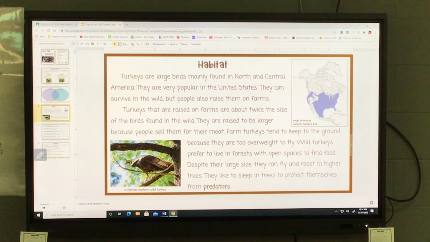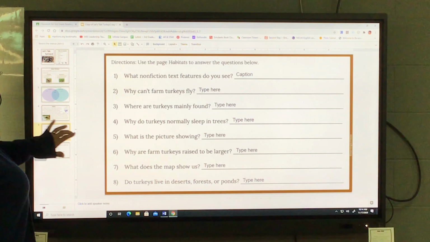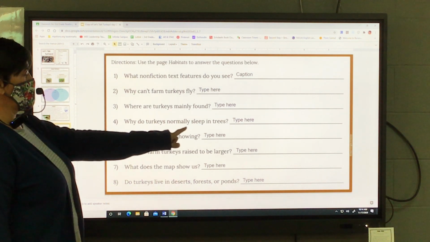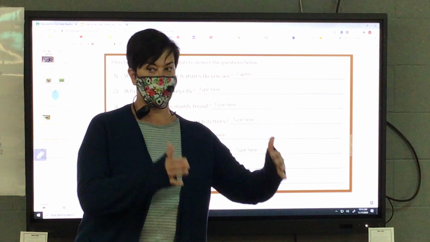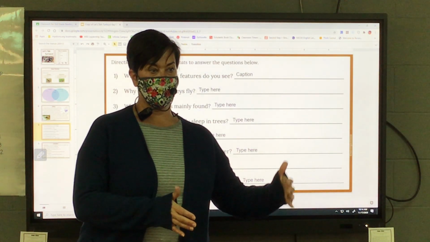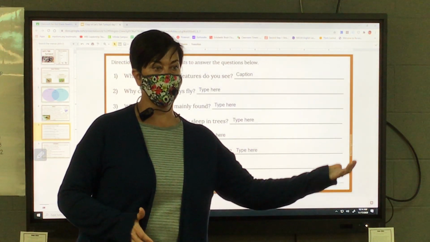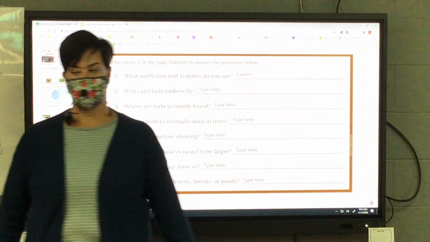Right. So for 5, why do turkeys normally sleep in trees? To protect themselves from predators.